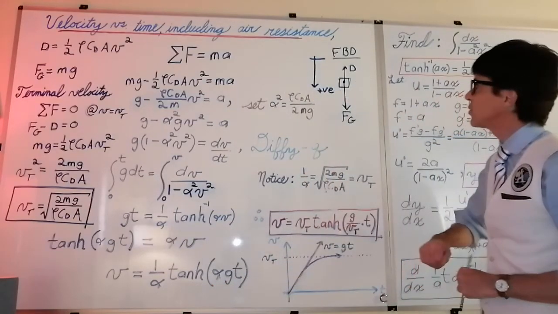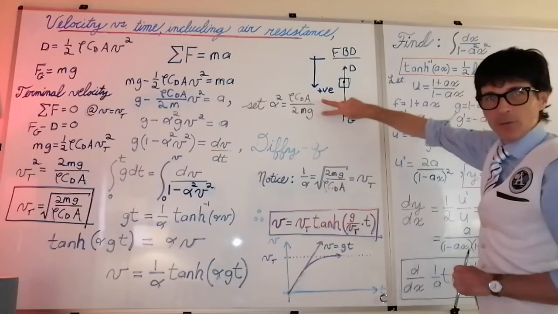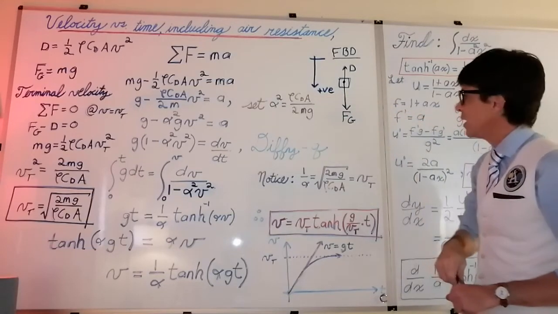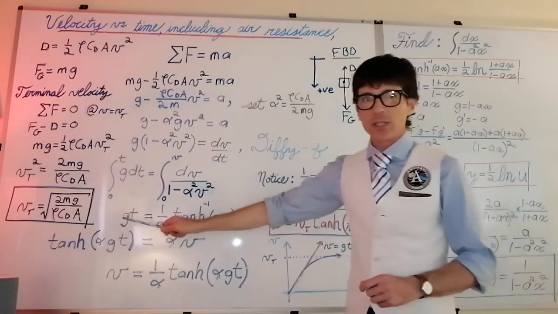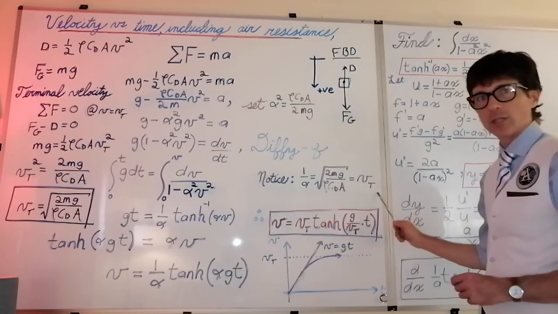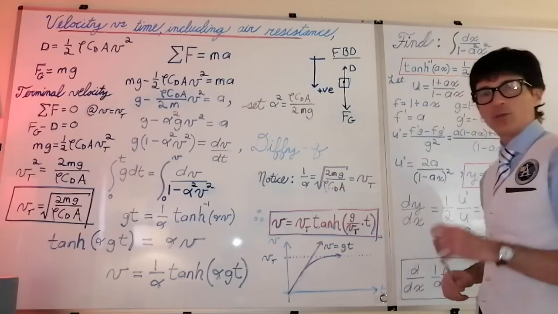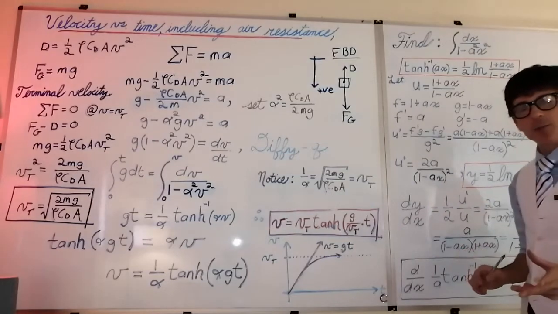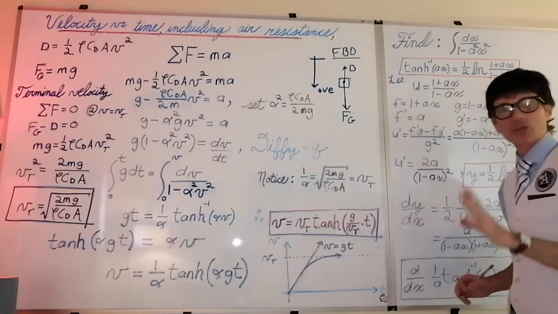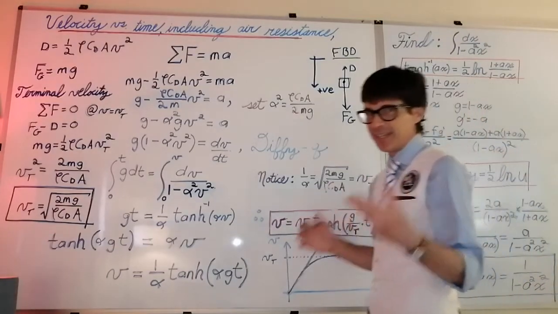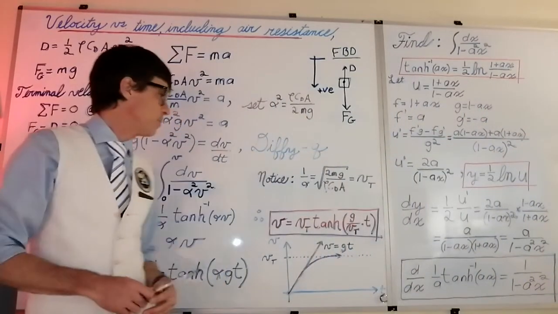However, I notice that the inverse of alpha squared, square rooted, is the terminal velocity. 1 over alpha equals the terminal velocity. So I can write an equation for speed in terms of time, which involves the terminal velocity. And when I do that, it is really, really nice.